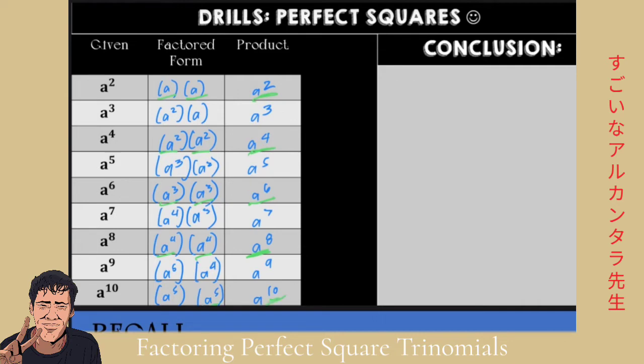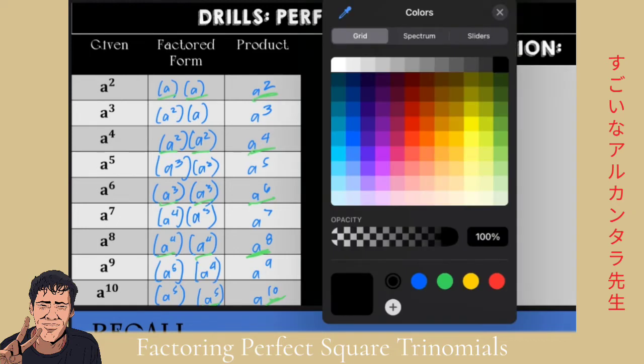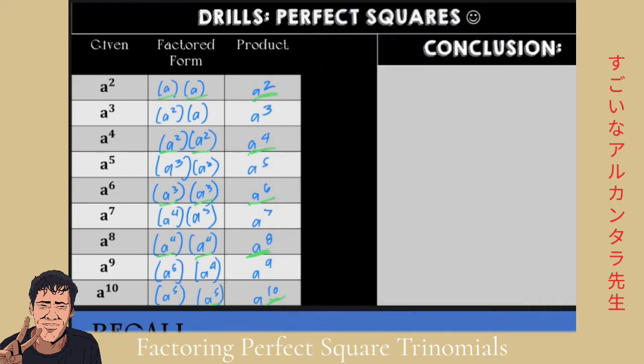So the important thing for you to look at in here is actually the exponents of the given. So we have a squared, a raised to 4, a raised to 6, a raised to 8, a raised to 10. So what we can conclude here, if we are dealing with monomials, we can say that any variable, for example a raised to 2, what can you notice with 2, 4, 6, 8, 10?